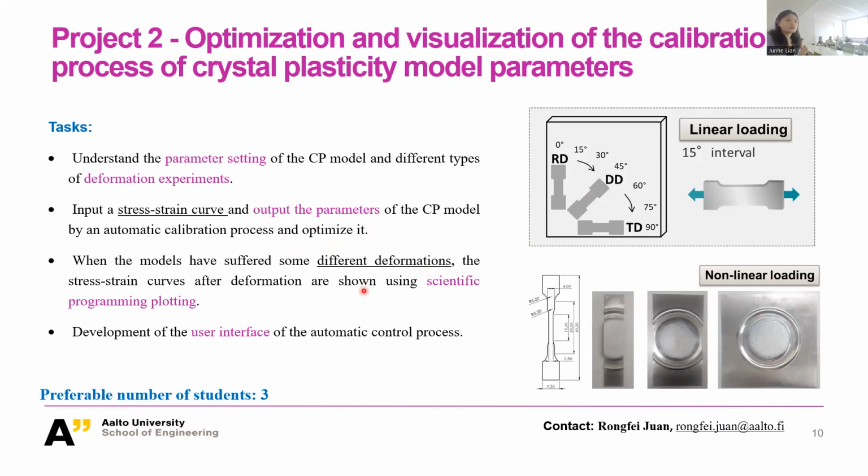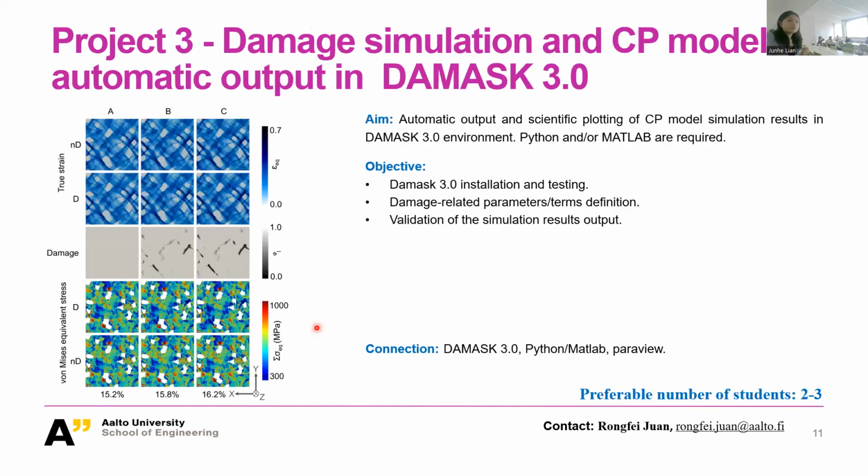And the third task, when the model has served some different deformation, both the stress strain curves after deformation will be shown by automatic programming plotting. Finally, we need to combine all these tasks so that we can get a final user interface. Here is the whole project story, and now I will continue with the third project.